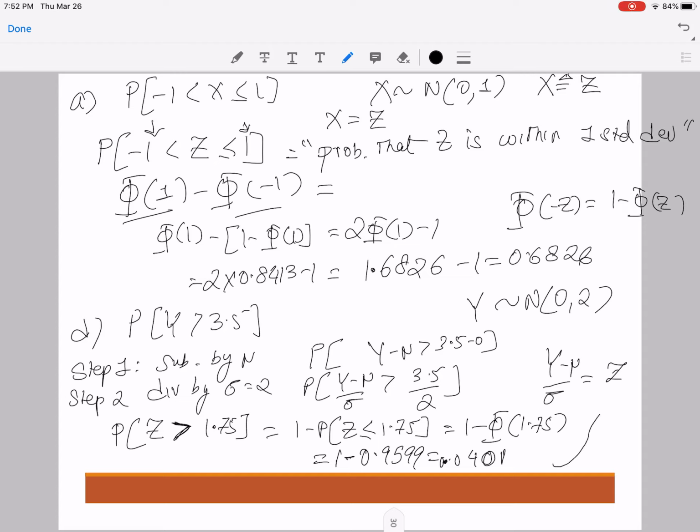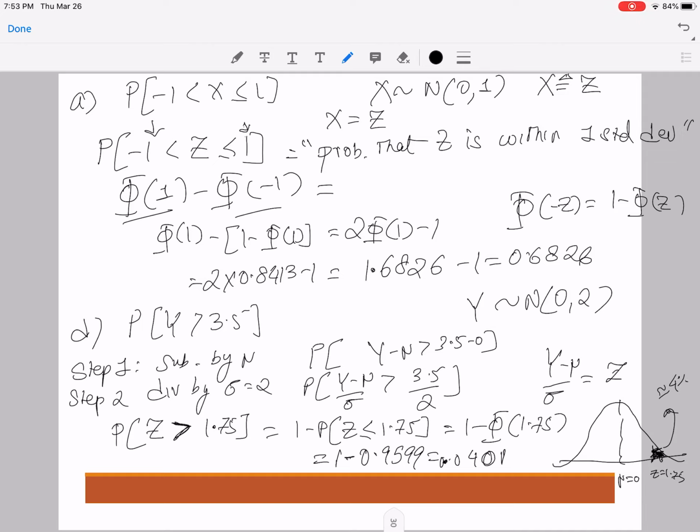Because if you consider your standard normal distribution like this, this is 0. Now you want to find the probability that Z is greater than 1.75. Your Z at 1.75 is right here. So you want to find the probability of this region right here, this teeny tiny region. Obviously, this is a small value, approximately equal to 4%.